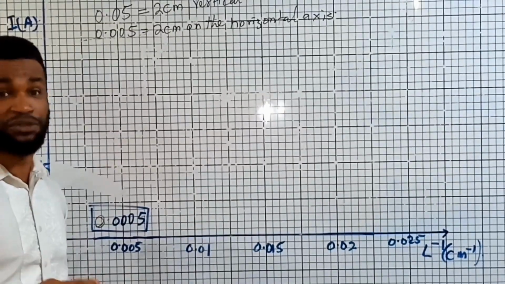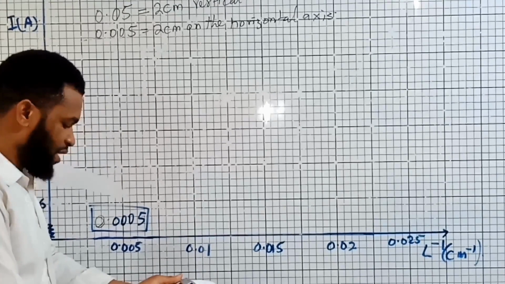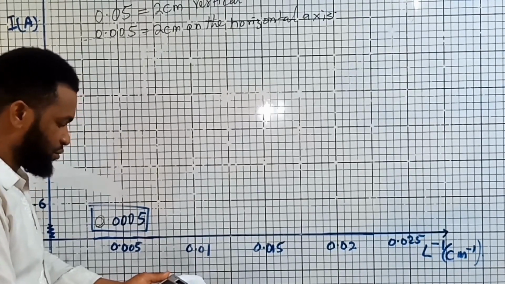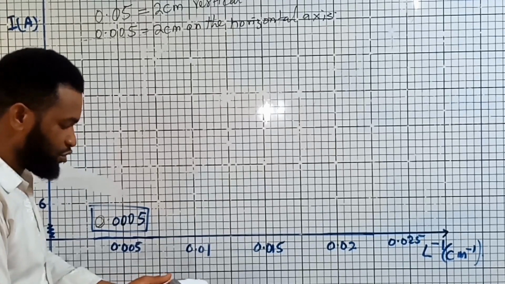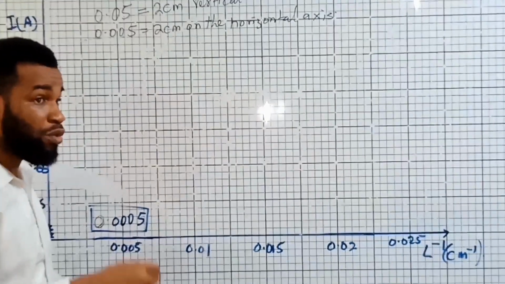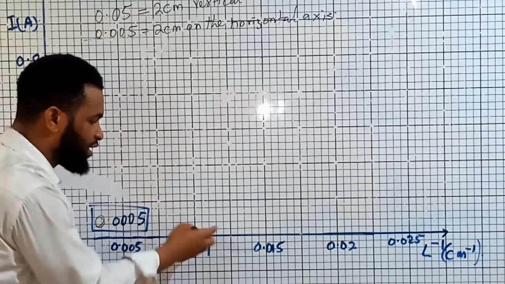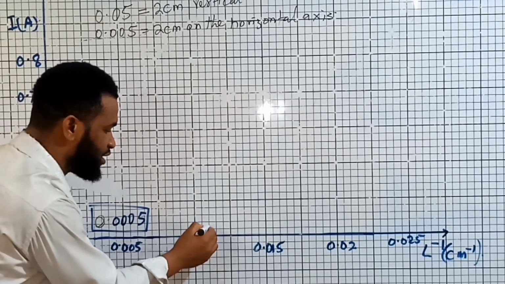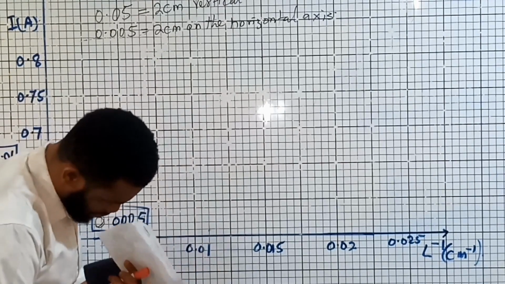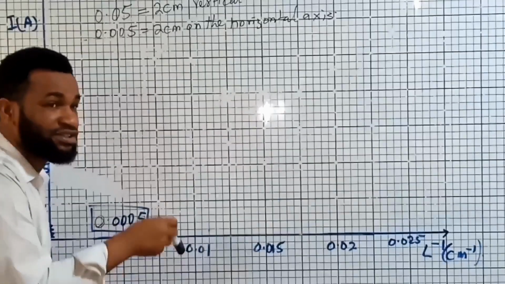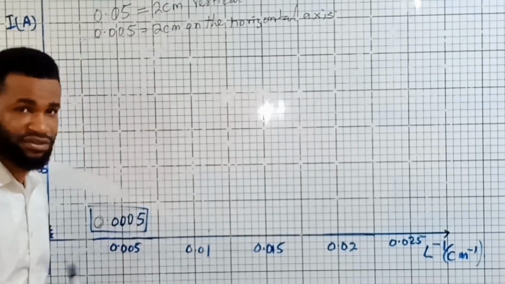Use a calculator and work with me. If you add another 0.0005, you have 0.011. That means the second line is where 0.011 corresponds.